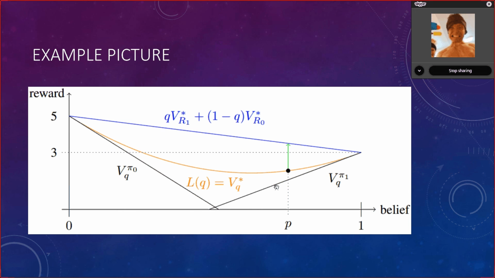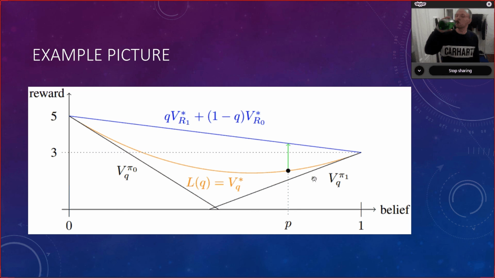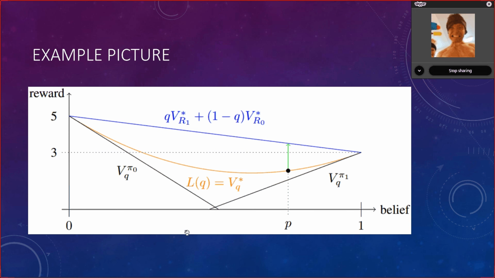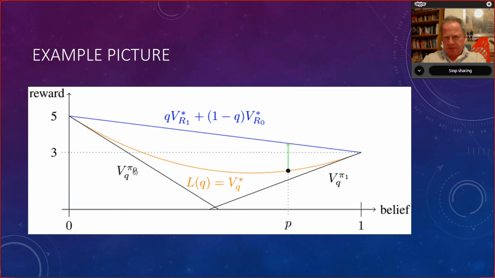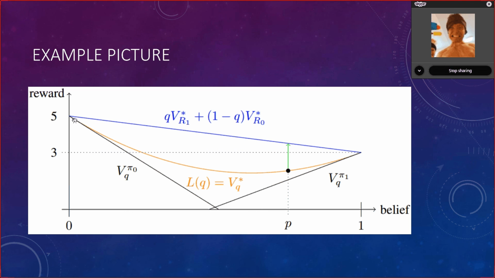But of course, if we go out from this and if we believe strongly in reward function 0, then maximizing reward function 1 is a really poor idea. So this goes down in value with the straight line we see here. There's another straight line going down here. That's what you get if you optimize with policy pi 0, which is if you're certain that reward function 0 is the right one, then optimizing 100% towards that is the right choice.